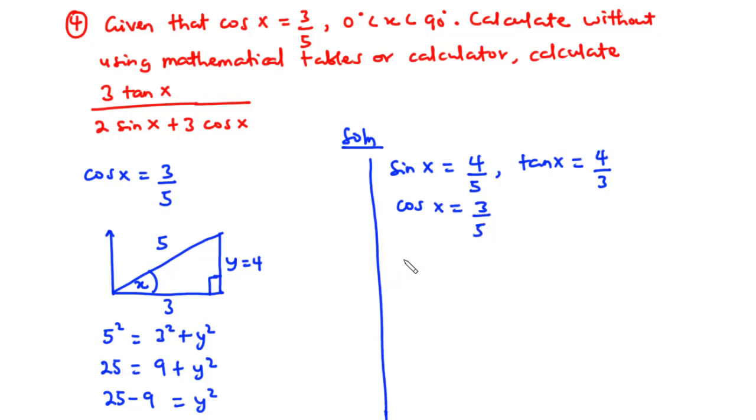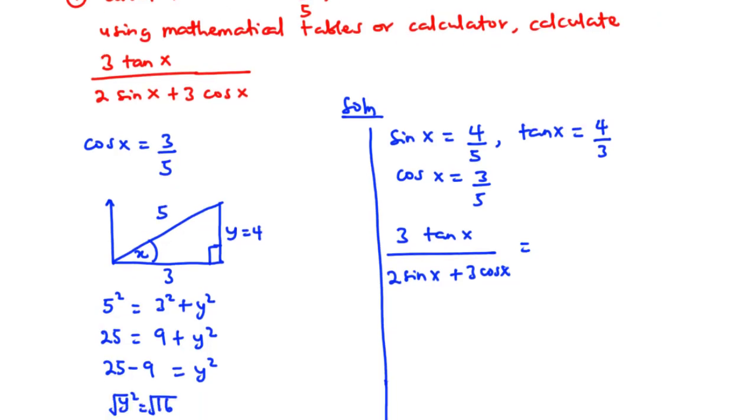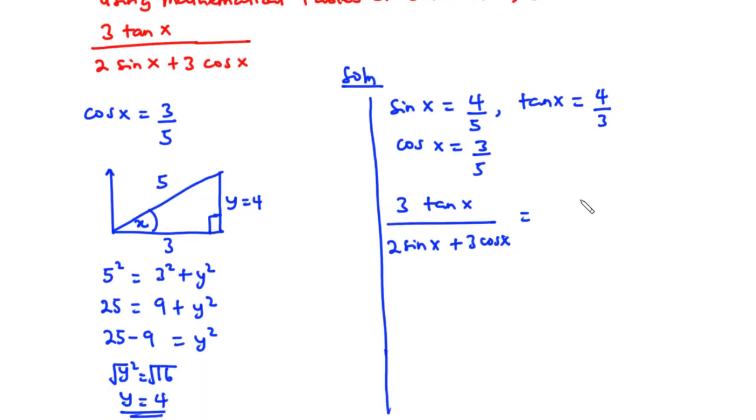So now let's calculate 3 tan x over 2 sine x plus 3 cos x. So this is equal to 3 times 4 over 3 divided by 2 times 4 over 5 plus 3 times 3 over 5.